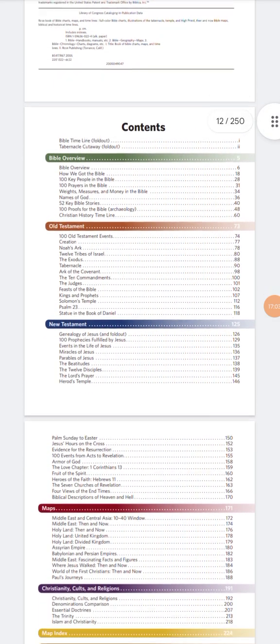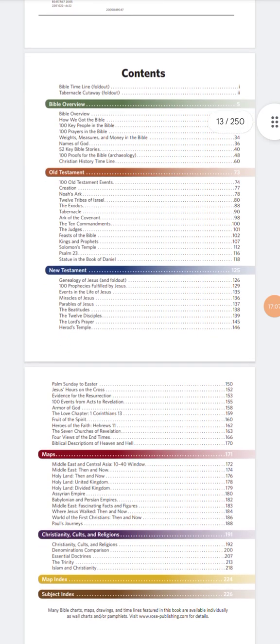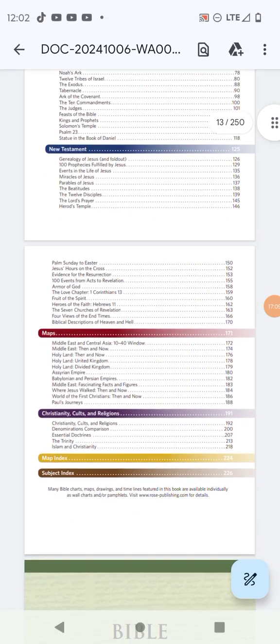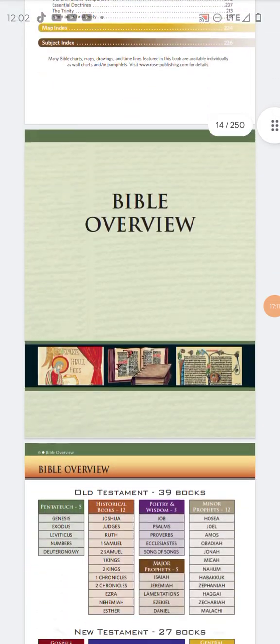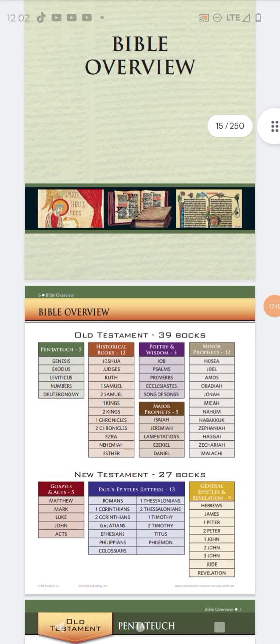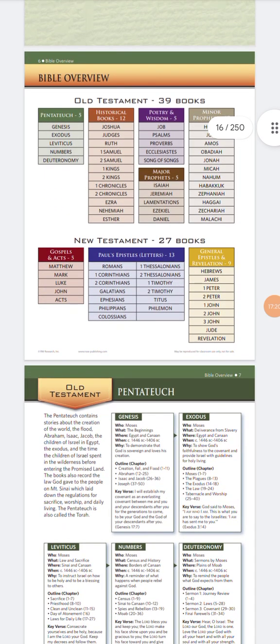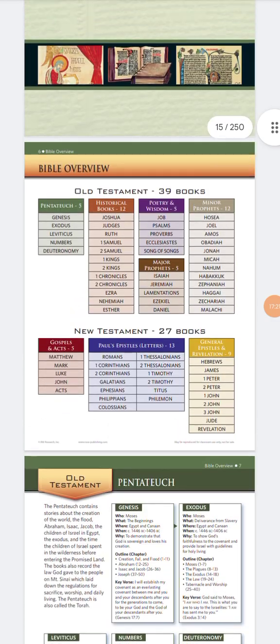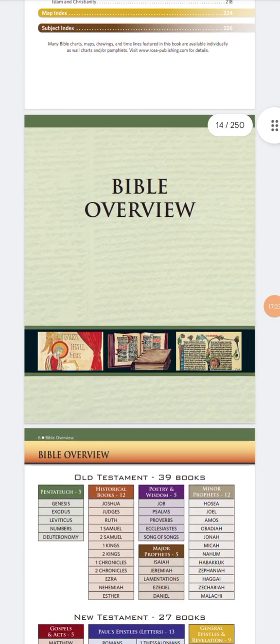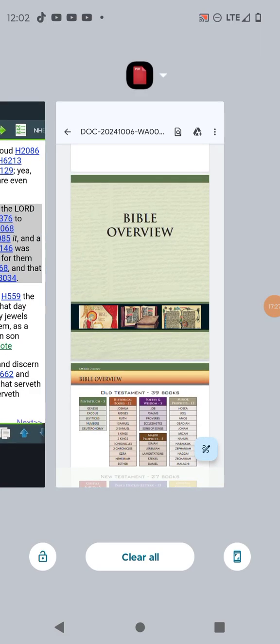The showbread would be up there every 7 days. So these are the customs that our forefathers did, and the Most High was very joyful. He delighted in that. And the Lord told us to keep these ordinances forever. But since we failed against him, now we're in our captivity.